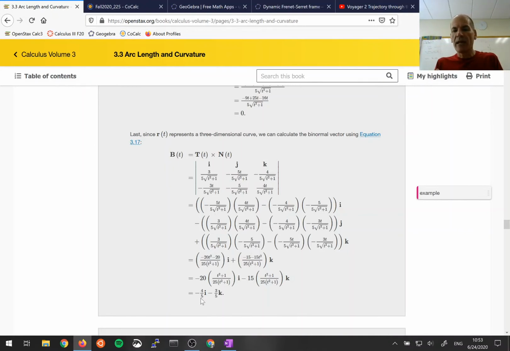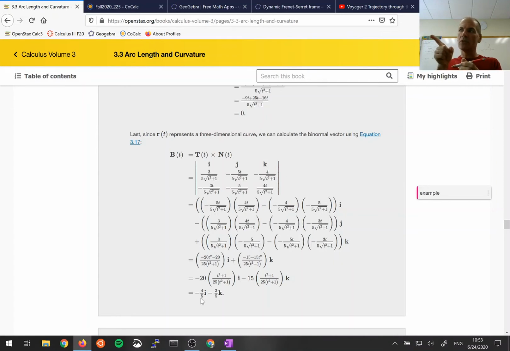How do we interpret N maybe more physically? If I am going along a space curve like this, the tangent vector is kind of tracking along tangent to the curve. What the unit normal vector is telling me is which way the tip of the tangent vector is about to go at this moment.